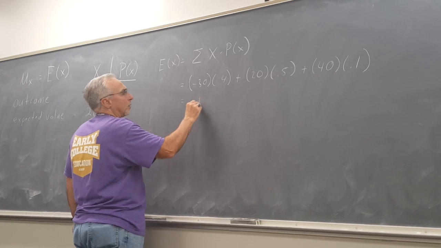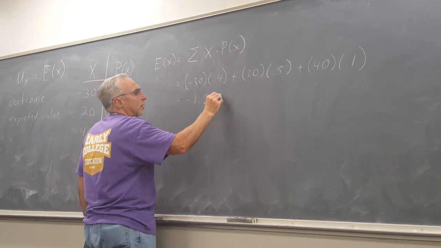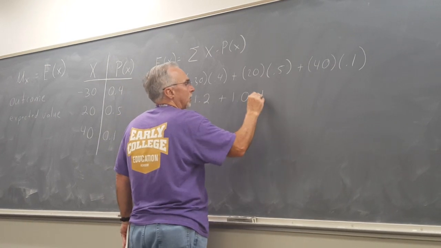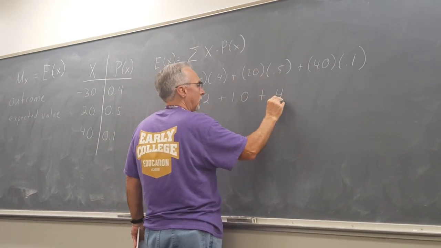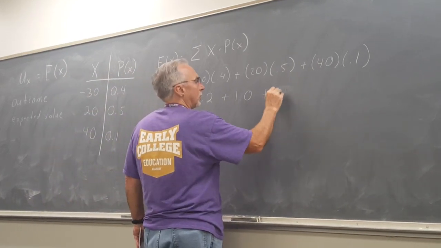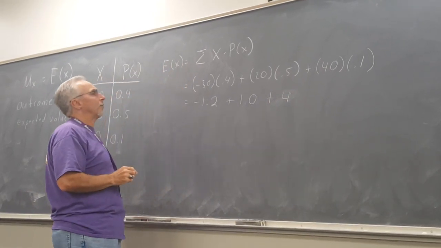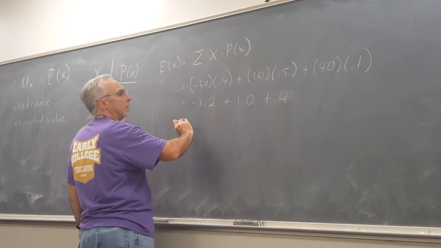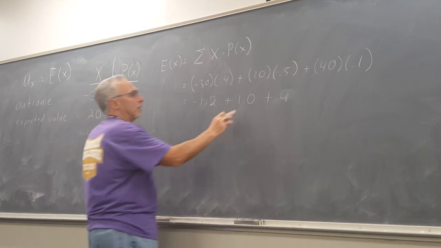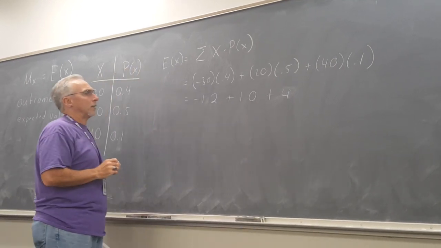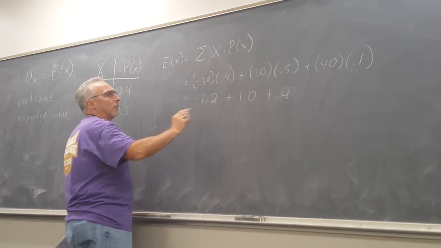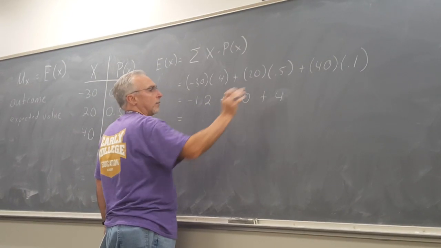Am I doing my decimals right here? 30 times 0.4 is 12, 20 times 0.5 is 10, and 40 times 0.1 is 4.